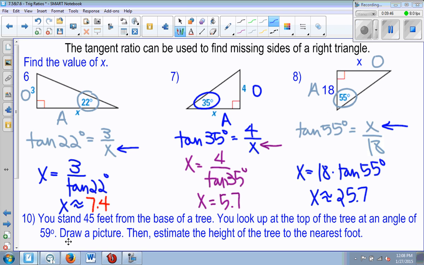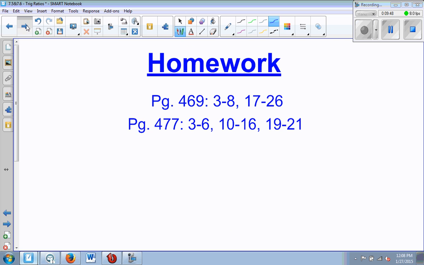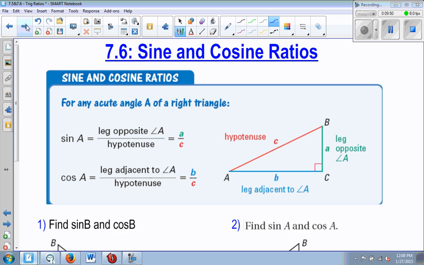On the back of your sheet, we start talking about two other trig ratios. They are called sine and cosine. Now, tangent involved opposite side and adjacent side. Sine involves opposite side and hypotenuse. Cosine involves adjacent side and hypotenuse. So I have an acronym that we usually use.